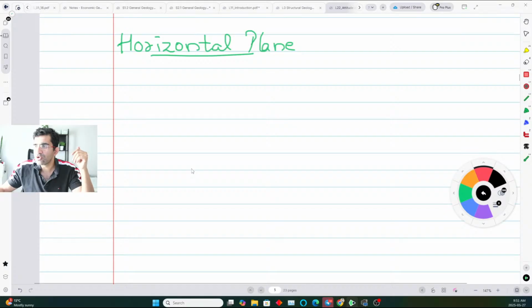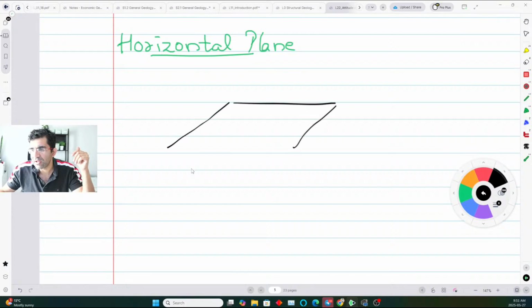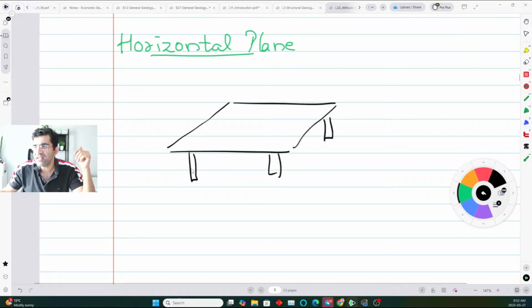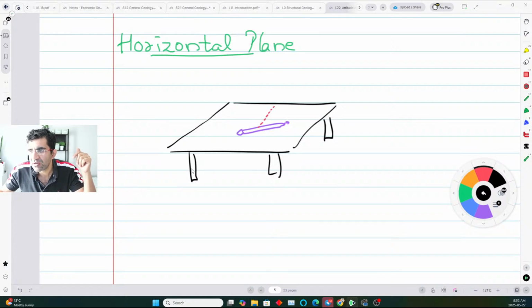If you have a horizontal plane, let's imagine this is a table. If you have a pencil lying on this table, pointing in that direction, and let's say this is the north direction.